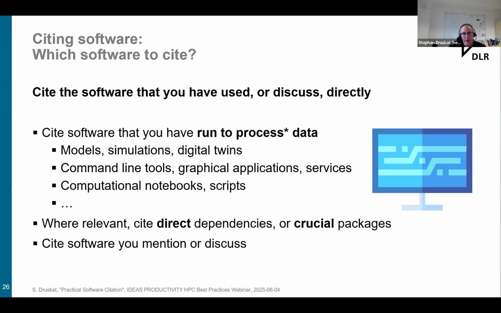And if you develop your own software and reuse other packages as dependencies, and you want to cite them, which I think is a great idea, cite the direct dependencies only. Cite them in a reference list, because if everyone does that, then we'll have a great graph of citations to different software packages.